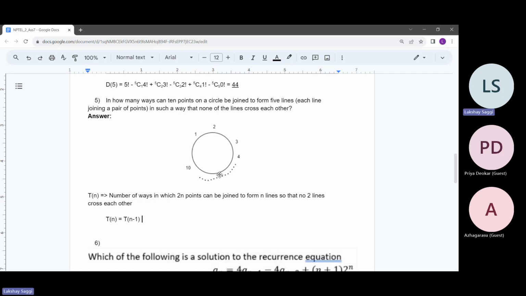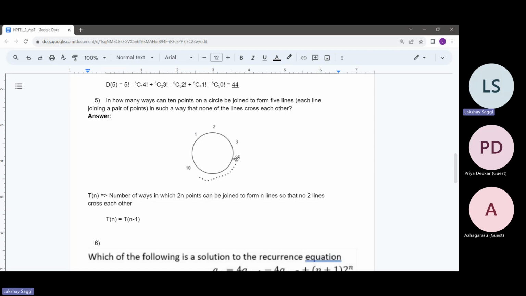So it will intersect with this line 1 and 3. What I'm trying to claim here is that between 1 and 3, there are an odd number of points. So at least one point will have to cross the line between 1 and 3. So that's why 1 cannot be joined with 3. If it joins, then there will be 0 ways to form such lines.